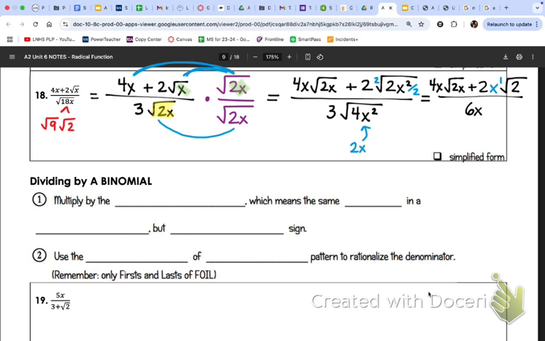All right. You just check and see, okay, can I simplify any more? Can I combine like terms on the top? Are those the same? They kind of look like they're sort of the same. But do you see how it's square root of 2x and square root of 2? So close, not the same. So no, you can't combine them.